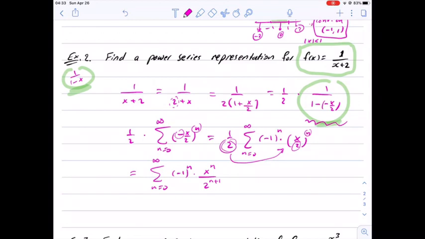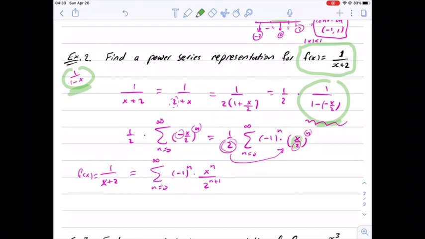So this is a representation of the function f of x equals 1 over x plus 2.